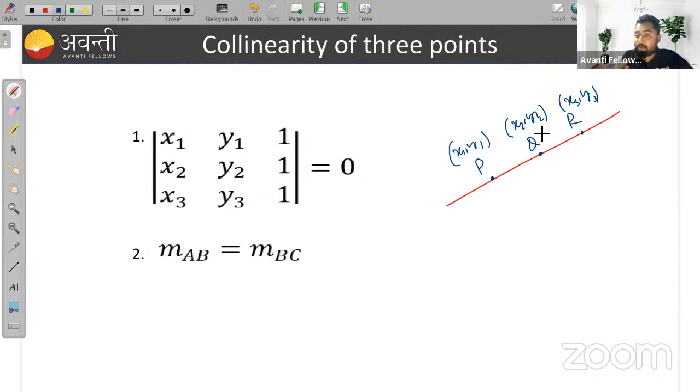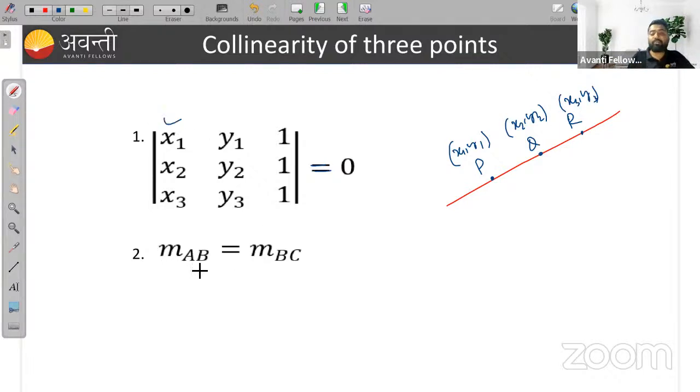Remember that. If it is not forming a triangle, then the mod of half into the determinant value will be 0. We know that is the formula to find the area of a triangle. If this becomes 0, then the determinant will become 0. Yes or no?